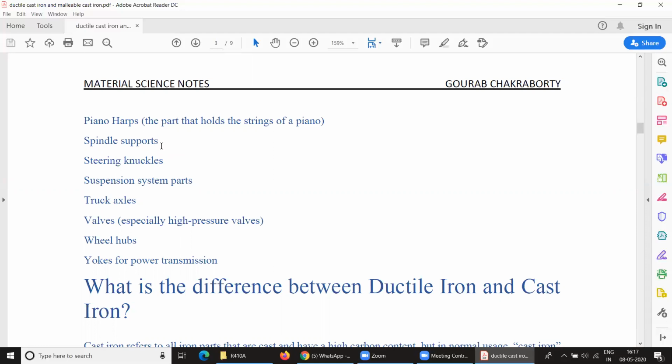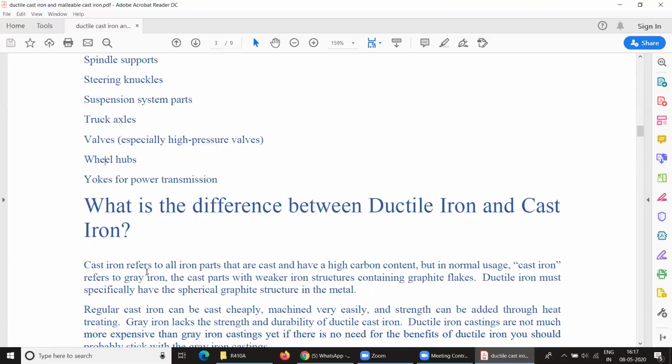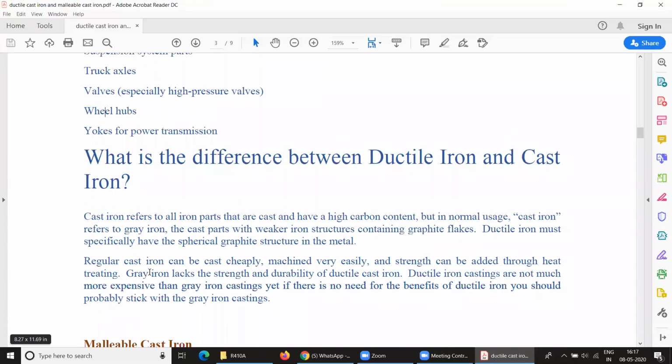Valves, usually the high pressure valves, are made with ductile iron or SG cast iron. The wheel hubs and the yokes of power transmission are some examples of ductile iron, or SG cast iron, or spheroidal graphite cast iron, or nodular cast iron.